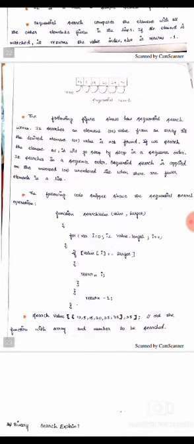If the element is matched, it returns the value index, else it returns -1, that is, the element is not found. The above figure shows the sequential searching method.